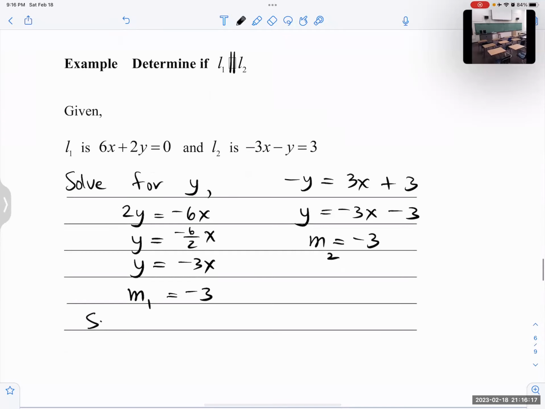So since the slopes are equal, slope 1 is the same as slope 2. The lines are parallel, so line 1 is parallel to line 2.